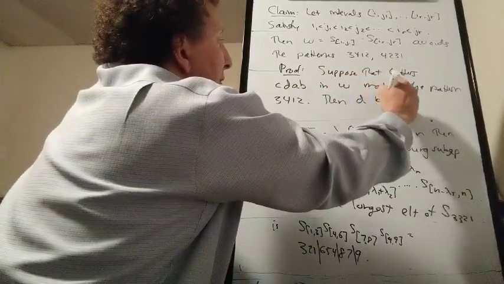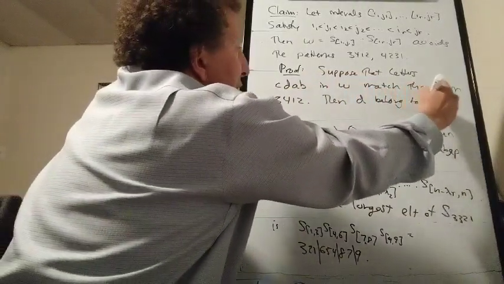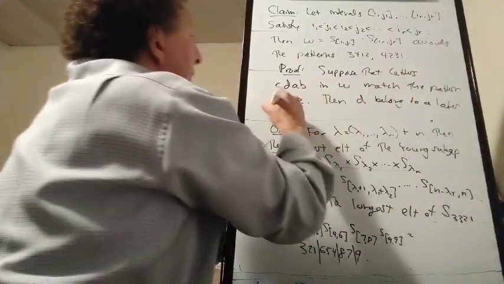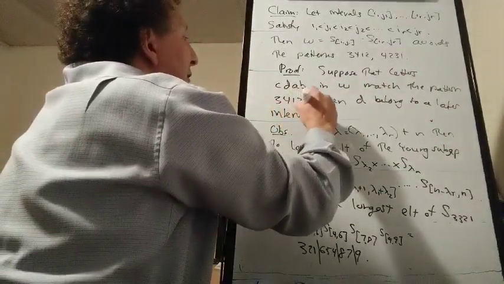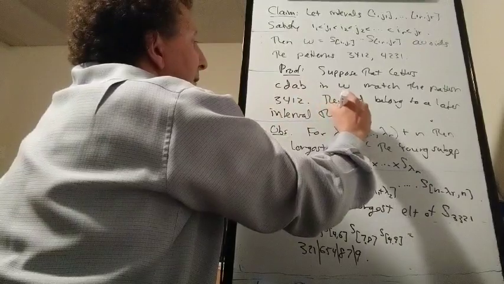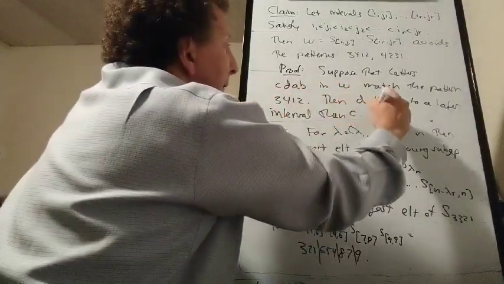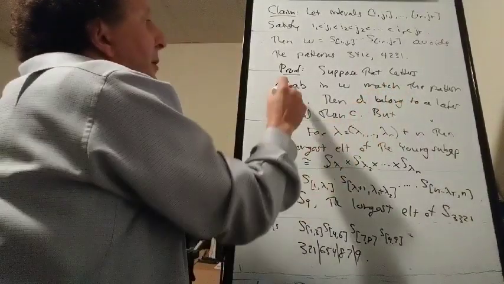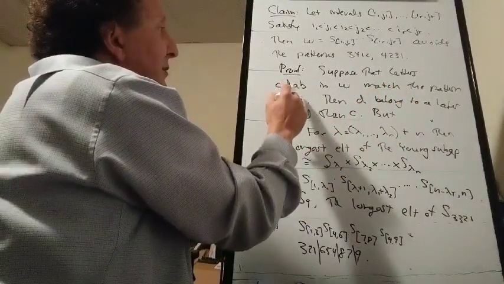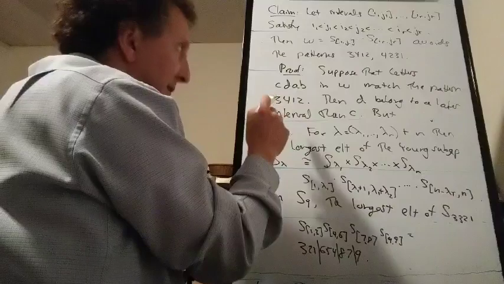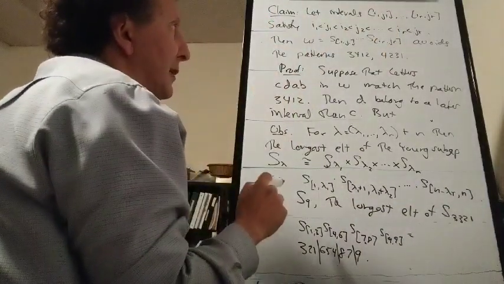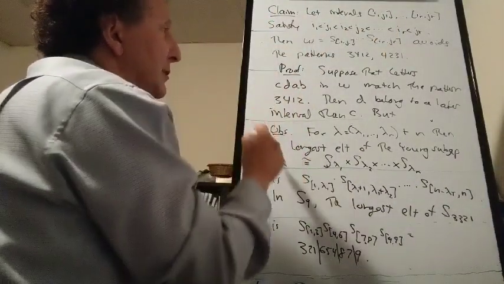So D belongs to a later interval than C. But then this letter A, which is smaller than C and D, can't appear to the right of that, because all those smaller letters have already appeared.